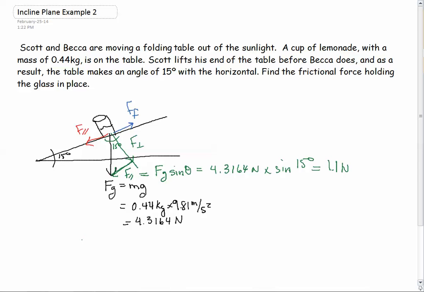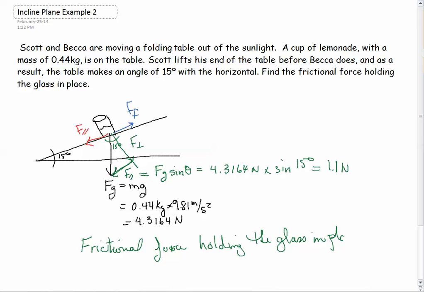So the frictional force holding the glass in place is 1.1 newtons acting up the incline. Remember, it's always important to attach a direction to your answer.